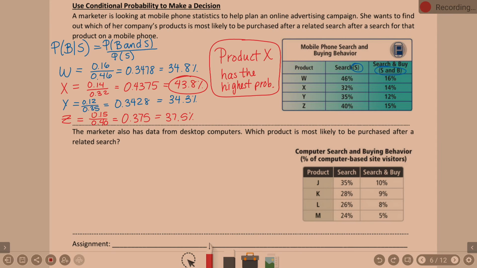Again, it's going to be the probability that they buy something given they had a previous related search. So in order to do that, it's going to be probability of buy and search on top divided by probability of searching on bottom.